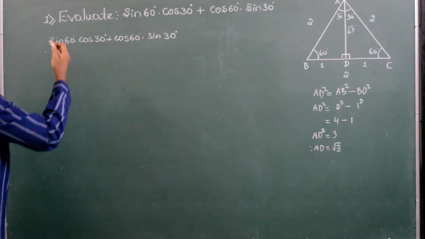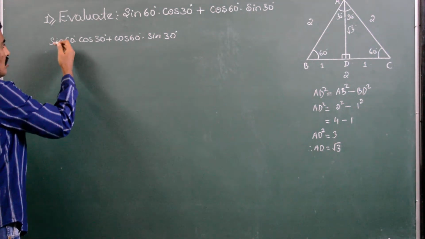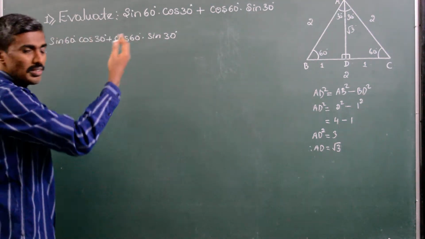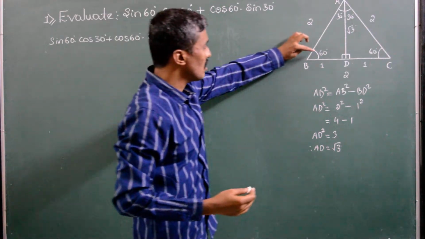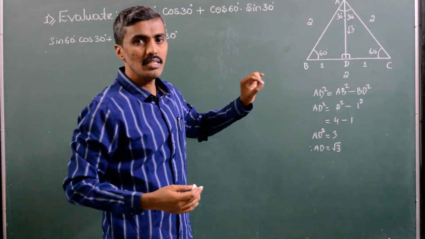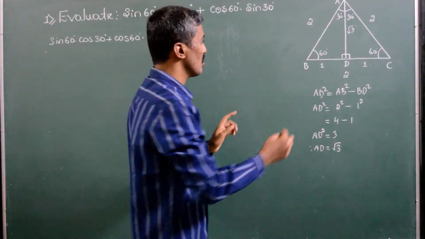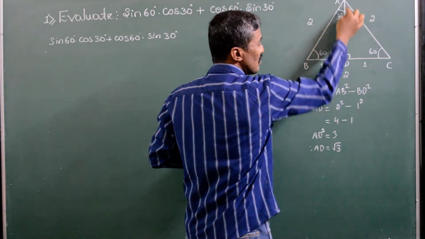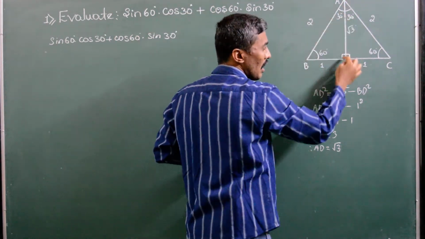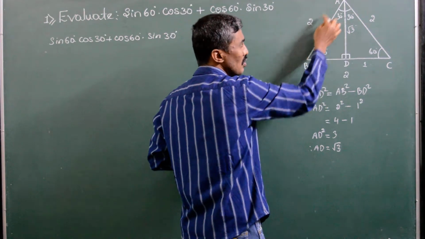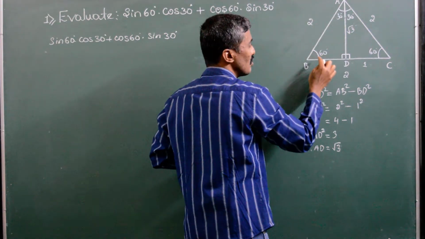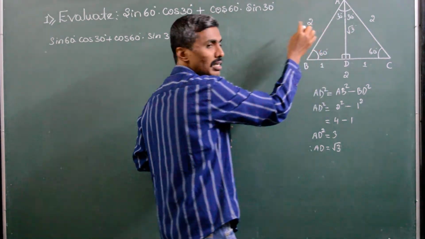Just below this, I will write its value. So here 60 degree is there. What is sin theta? It is opposite side by hypotenuse. So for 60 degree, which is the opposite side in triangle ADB, AD is the opposite side, and AB is the hypotenuse. So therefore sin 60 is root 3 by 2.